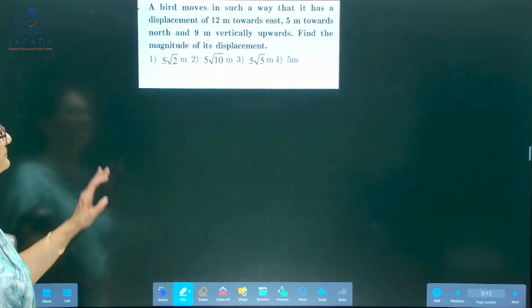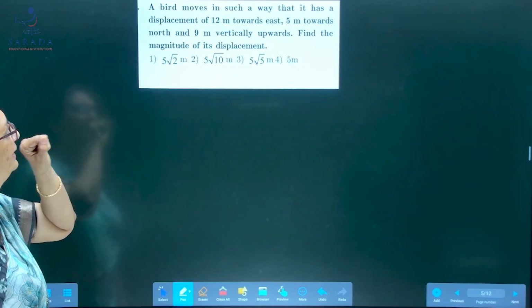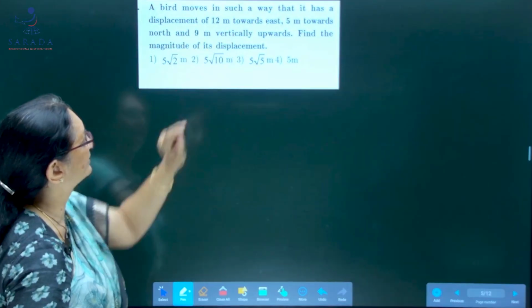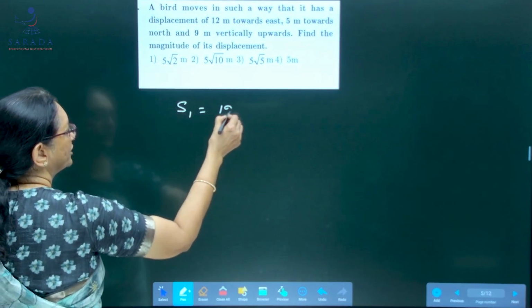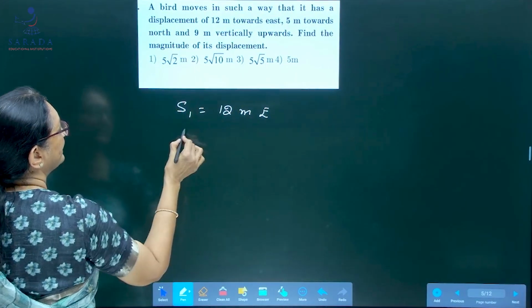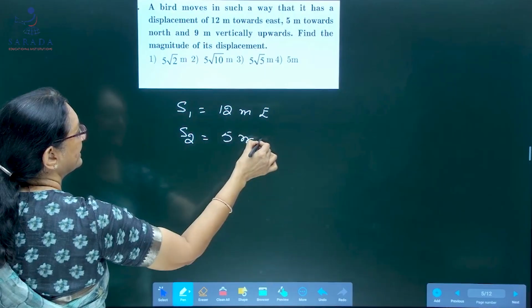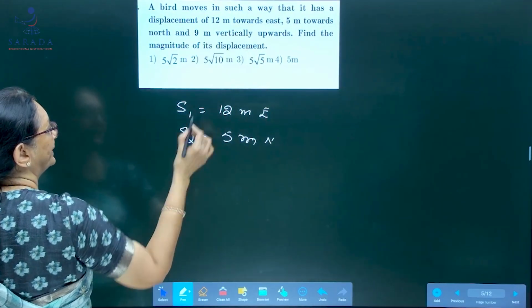Look here. A bird moves in such a way that it has a displacement of 12 meters east. So S1 is equal to 12 meters east. S2 is equal to 5 meters north. Then 9 meters vertically up.